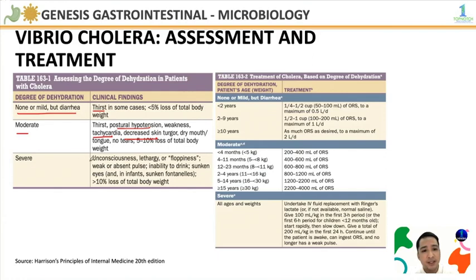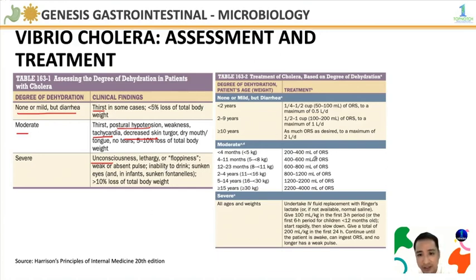If the patient presents with unconsciousness, lethargy, floppiness, or weak or absent pulse, and of course, very important to take note in children, the fontanelle, especially in infants, if it is sunken, it will give a clinical picture of the level of hydration of the patient, and of course, inability to drink, if there is convulsion, these are the danger signs of acute gastroenteritis.